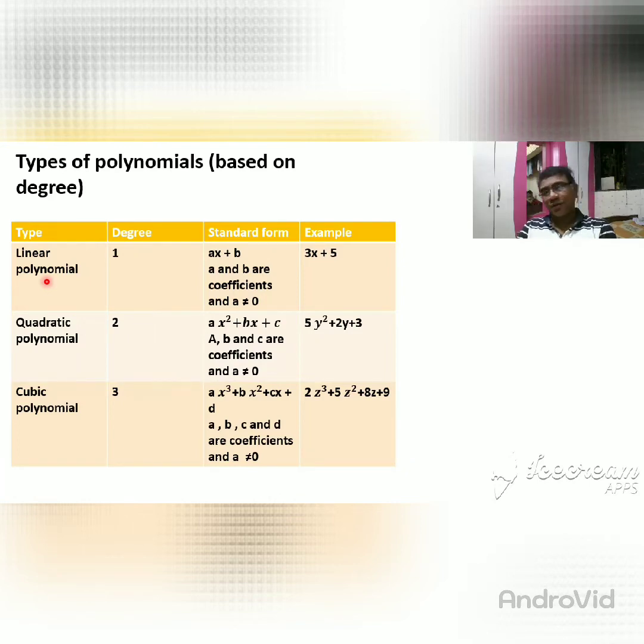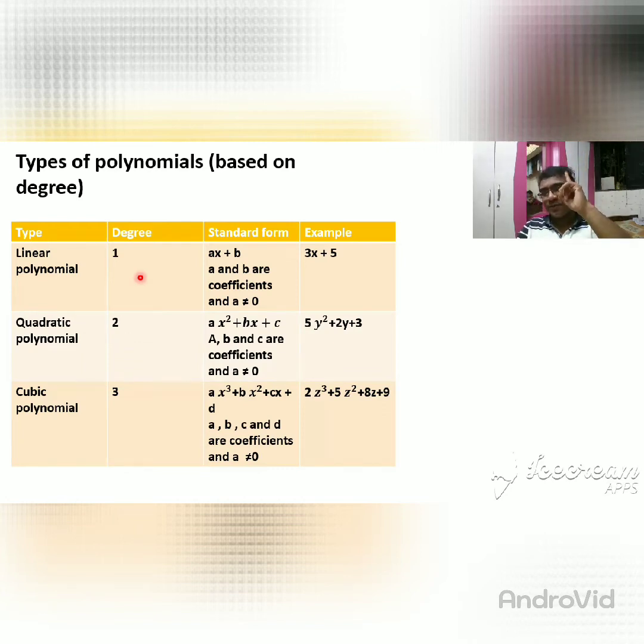Suppose they give you an equation with variables like a, b, c, d in some combination of addition, subtraction and signs, and the degree is 1, the greatest index is 1; that is called a linear polynomial. Linear polynomial means degree 1. Just remember in your mind: linear polynomial means degree 1.